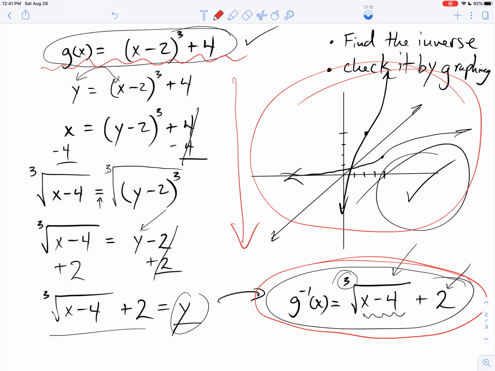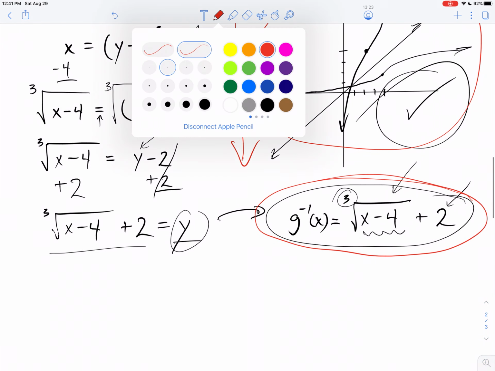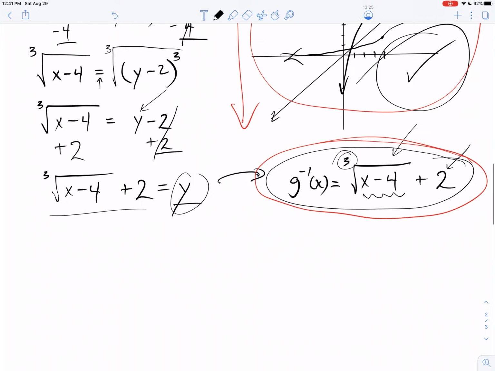Now, here is something new in my second example. I'm going to go to my second example. This is example 2. And the original problem that they give me, they're going to call it h of x, and then it's negative cube root of x plus 2.